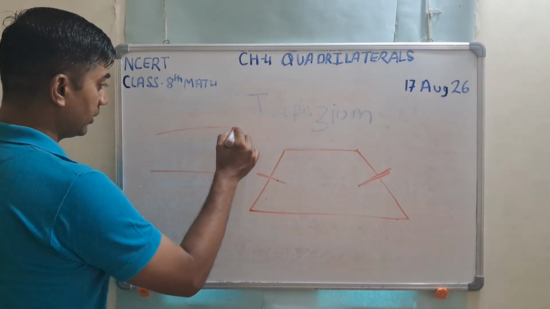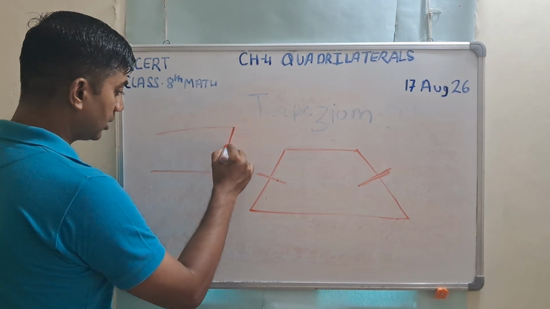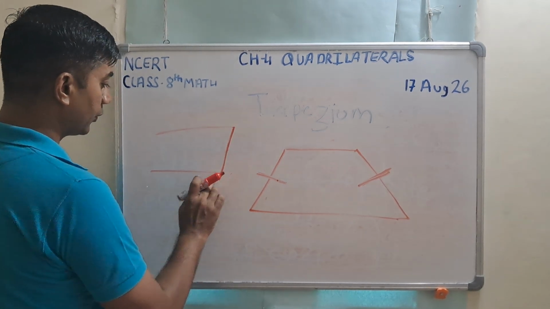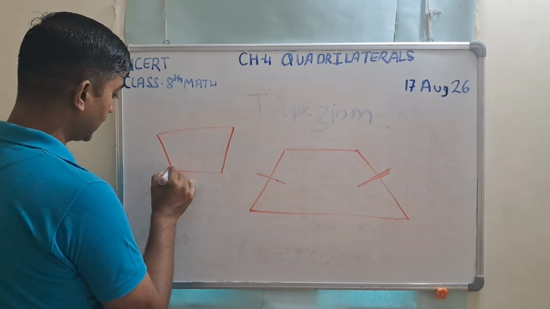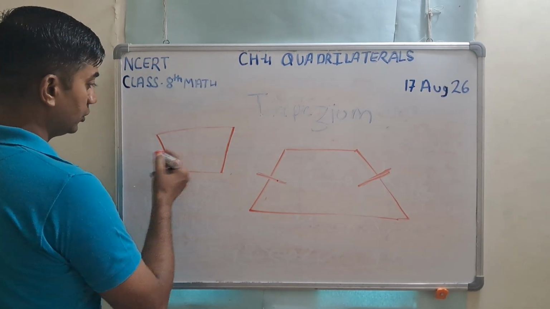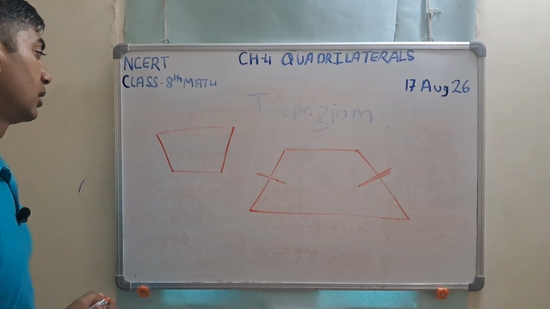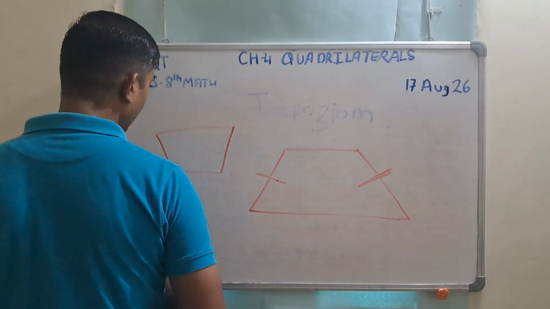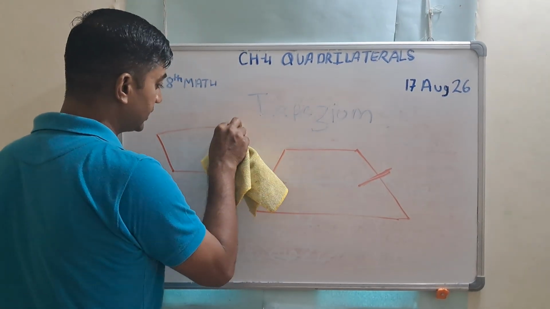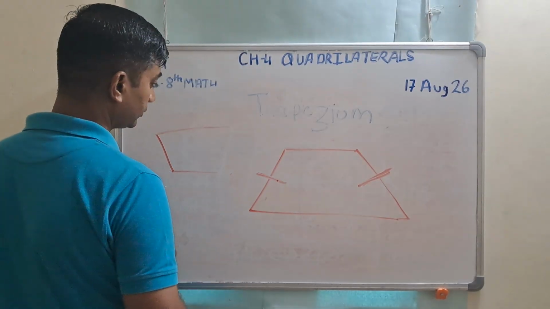A trapezium in which opposite sides are parallel and the non-parallel sides are not equal is a regular trapezium. Understood? It is not a specific trapezium, it is a regular trapezium.